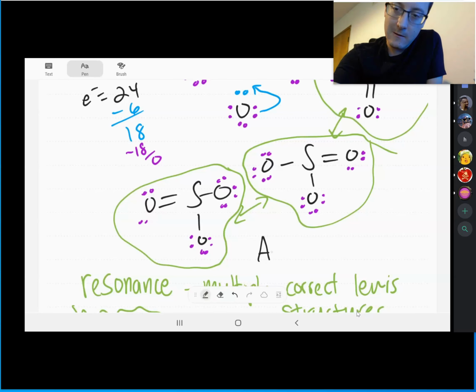And do we have any lone pairs on sulfur? Nope. So that's it. AX3. So even though there's one that's double bonded, it doesn't matter. We look at the number of atoms. We're not counting how many bonds, just how many atoms. Okay, cool.